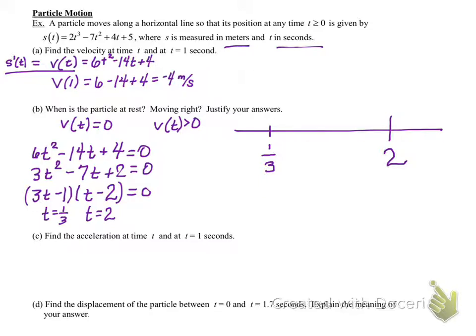And for the record, I'm doing this all in my head. So when t is less than 1/3, pick an easy number. I'm going to pick 0. So when t is 0, I get a negative in that first parentheses. I did not calculate the value. It is not necessary.